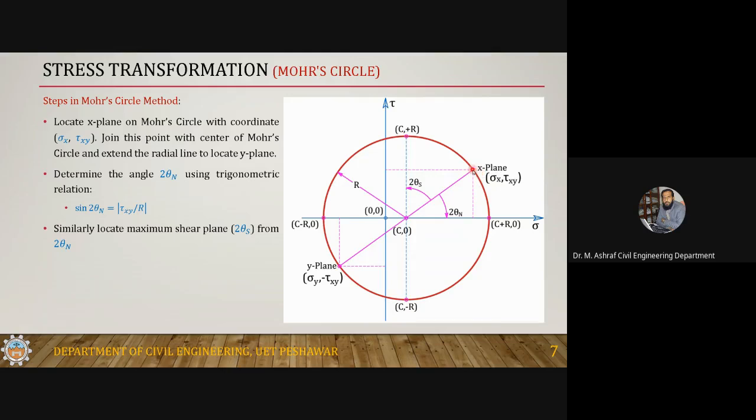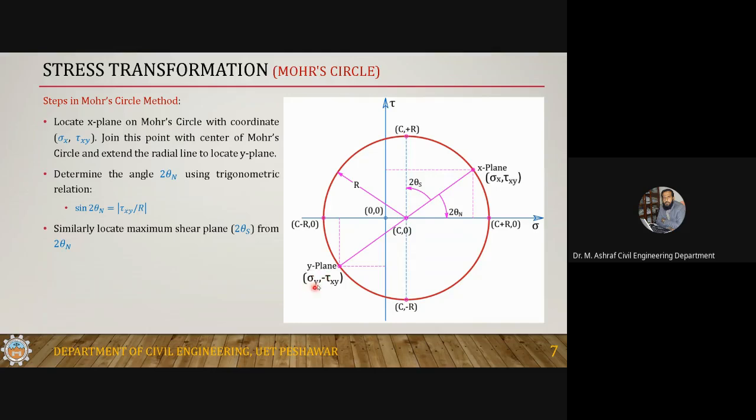Since I have told you that a point on the Mohr circle is a stress plane, this particular point represents the x-plane. Join this with the center and extend it on the back side, so it will intersect the circle at the y-plane. You need not locate it; it will automatically be located.